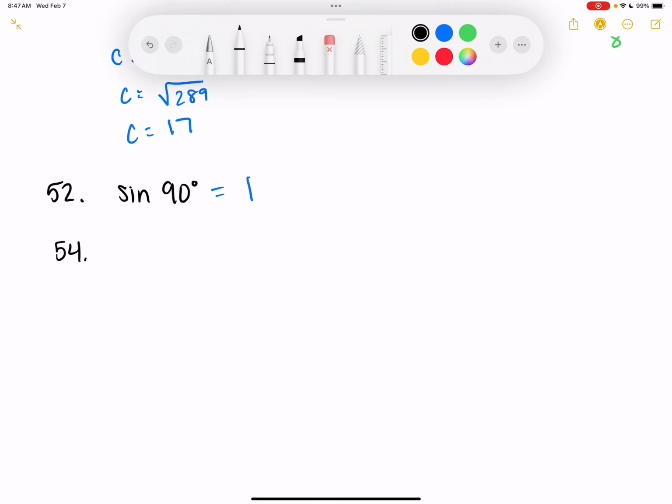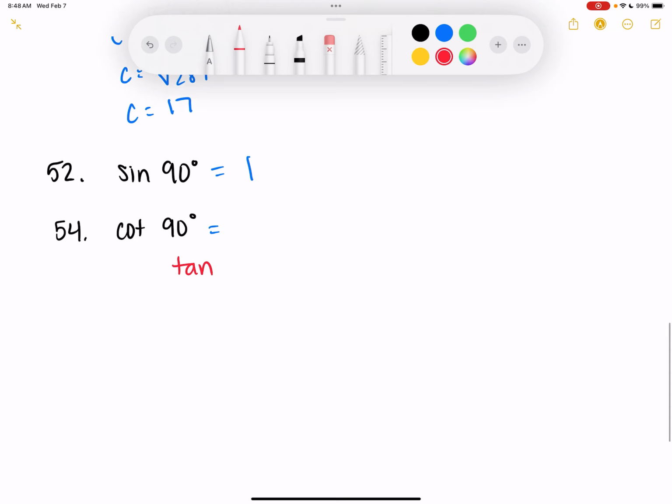All right, 54. Cotangent of 90 degrees. Now cotangent isn't given to us on our unit circle. However, we know that tangent at 90 is undefined. But tangent is in general y over x.